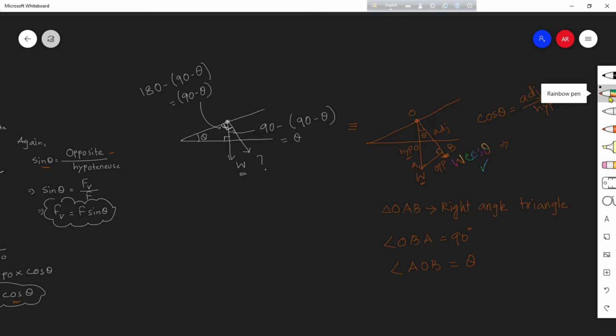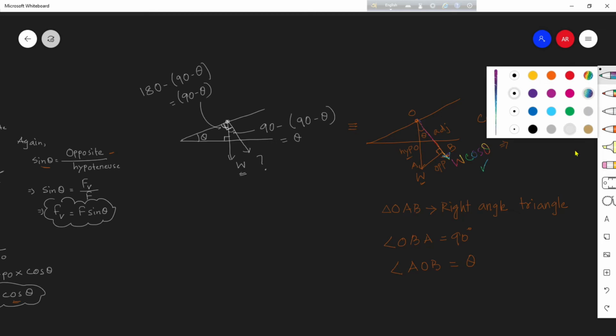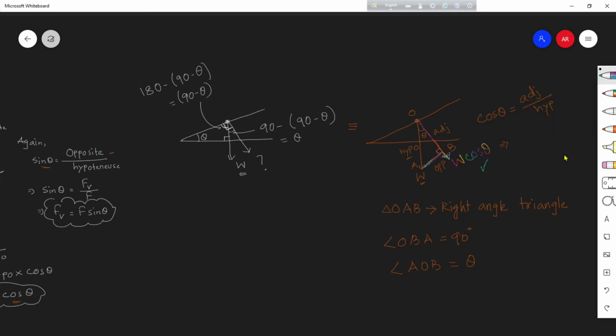So what component of weight is acting perpendicular to this inclined slope? It is W cos theta. Check it out. It is W cos theta which is acting perpendicular to the slope. And theta is basically the angle that the inclined slope makes with the horizontal ground.